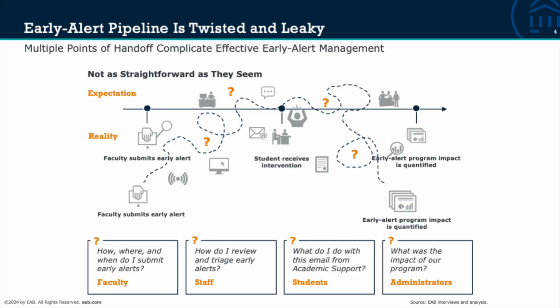Students ask, why did I get this email? Why is tutoring or academic support reaching out? For staff, it's how do I manage and triage all of this work? And then obviously administrators want to understand, did it have an impact? Did we do the thing that we wanted to do? So lots of questions along the way.